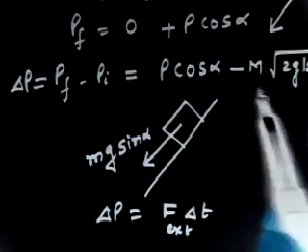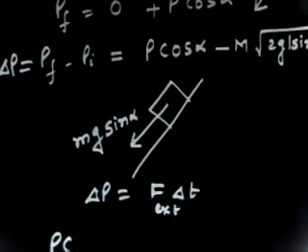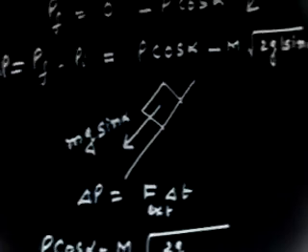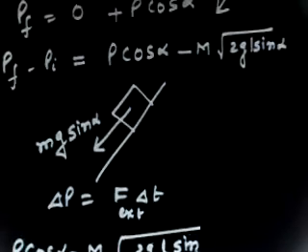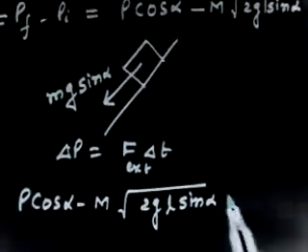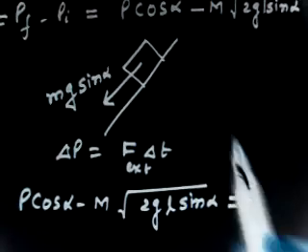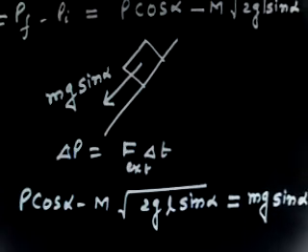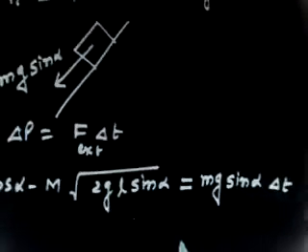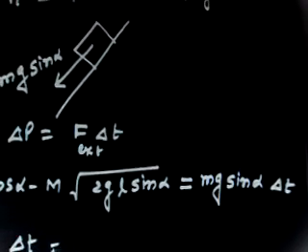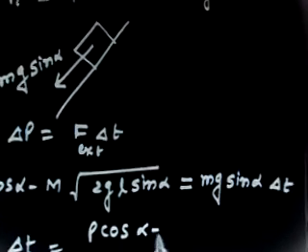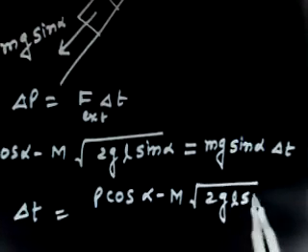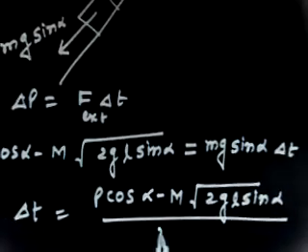So dp is p cos alpha minus m under root 2gL sine alpha, equals F external into dt. F external is mg sine alpha into delta t. So duration of shot can be found from here. So dt will be simply p cos alpha minus m under root 2gL sine alpha divided by mg sine alpha.